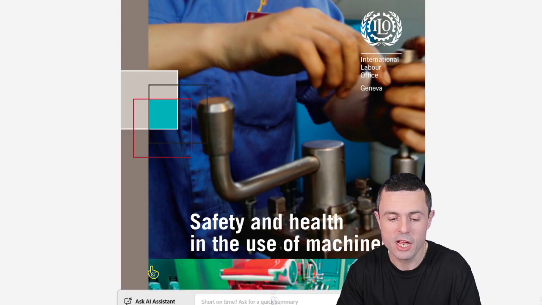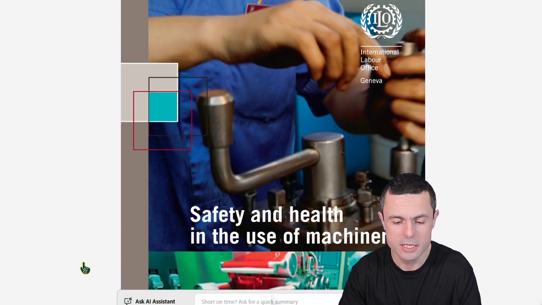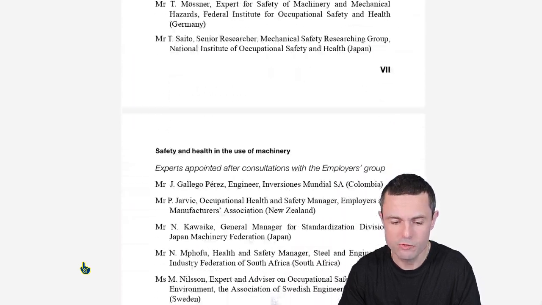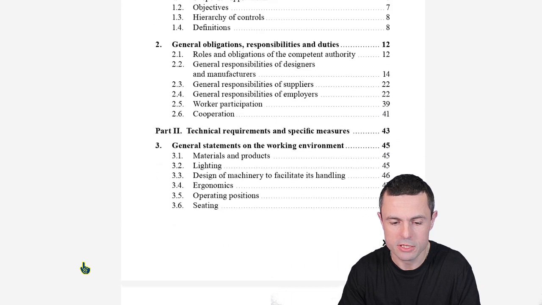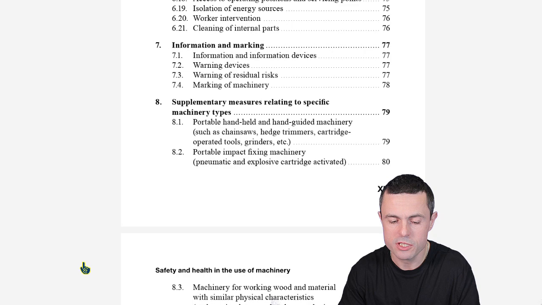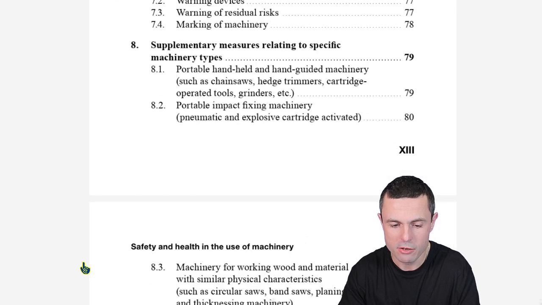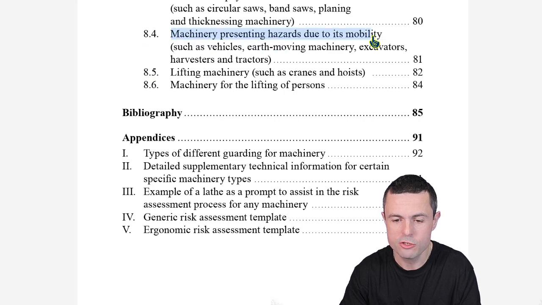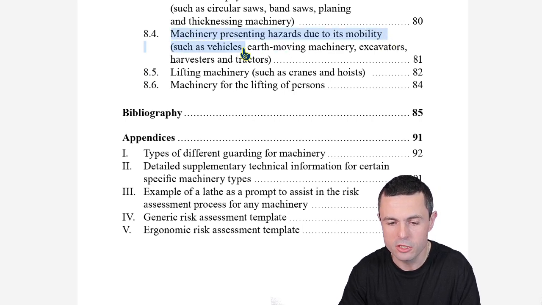International students studying NEBOSH IGC, well, I'd love to use the ILO Safety and Health in the Use of Machinery Code of Practice. Let's take a look at that. Very, very long document, 154 pages of duties. So if we go right down here, because most of this is not vehicle related, we should see machinery presenting hazards due to its mobility, such as vehicles.